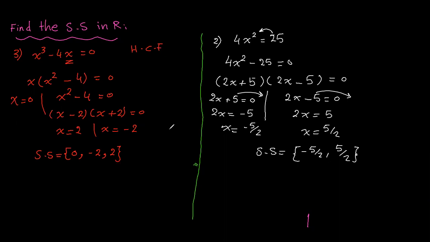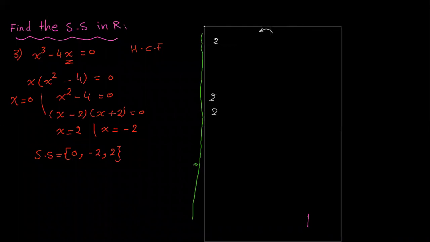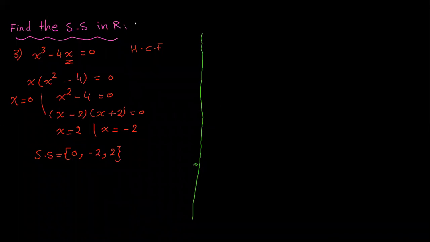We want to take the last example of this lesson. The last example here is x^4 - 10x^2 + 9 = 0. So we want to factorize. Very easy.